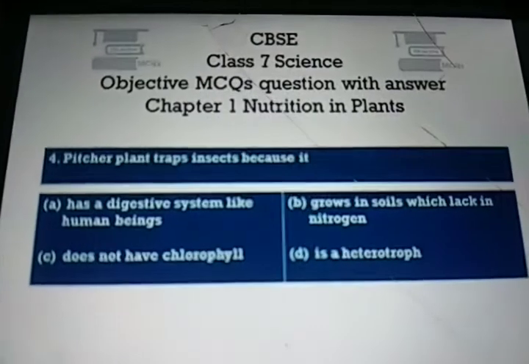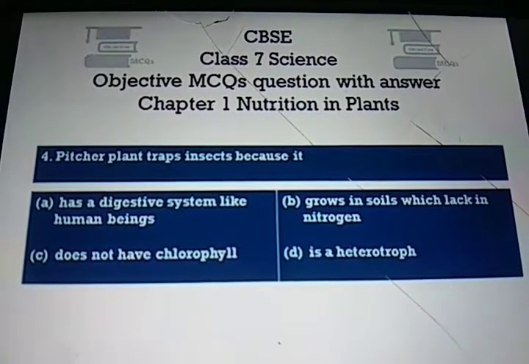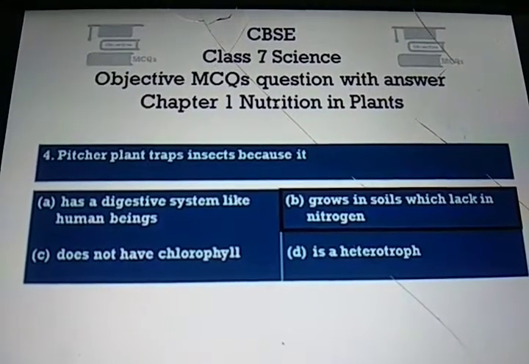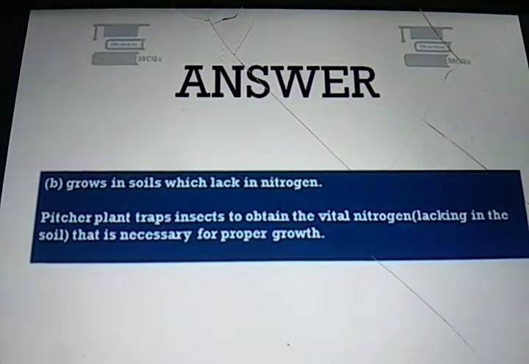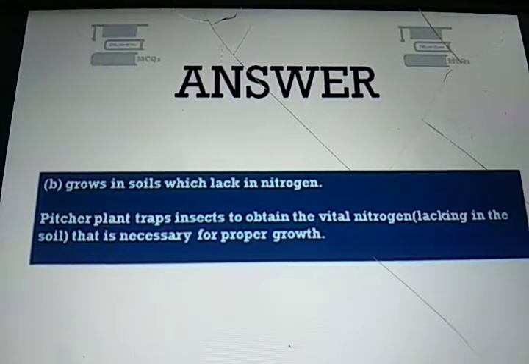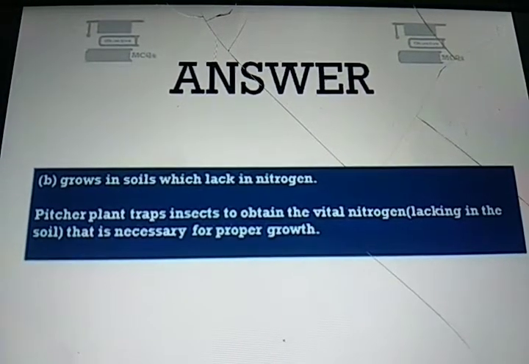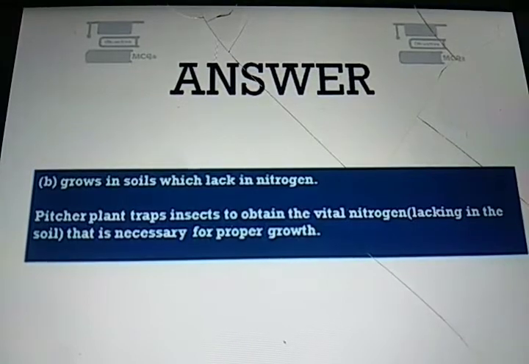And option D, is a heterotroph. And the right answer is option number B, grows in soils which lack nitrogen. So pitcher plant traps insects to obtain the vital nitrogen lacking in the soil, and that is necessary for proper growth.